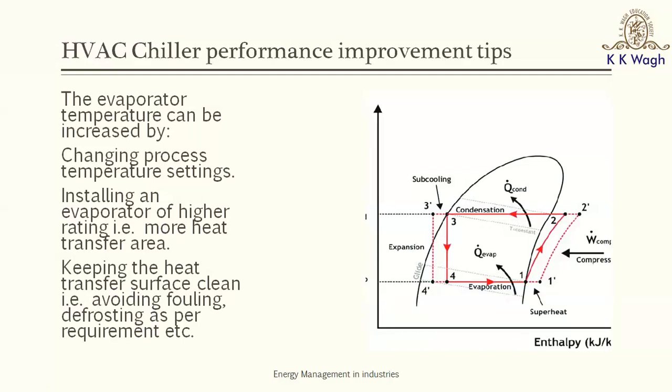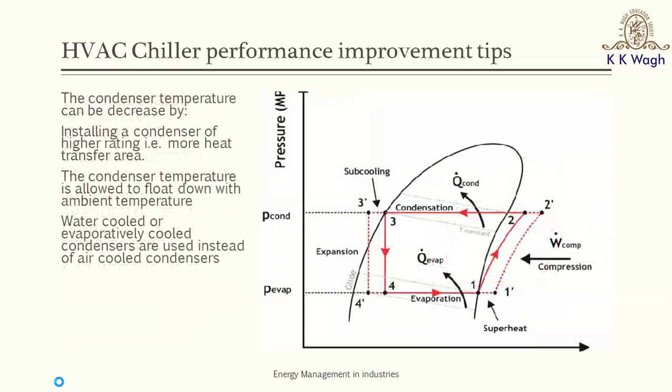Then one can increase the evaporator temperature and thereby decrease the power consumed by the compressor. So these are the tricks we can employ: changing the process temperature settings, purchasing an evaporator of higher rating, maintaining cleanliness of the heat exchanger, and regular defrosting of the evaporator.